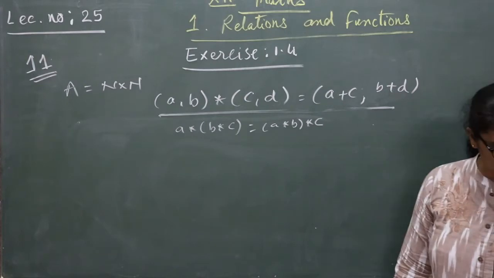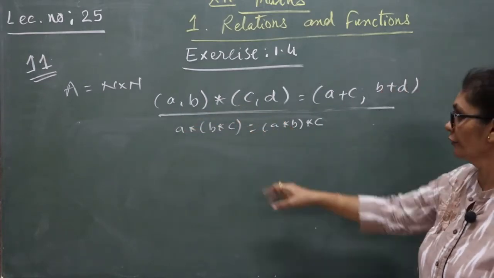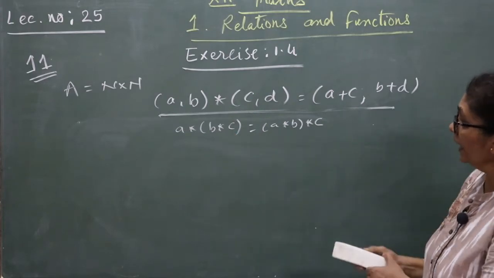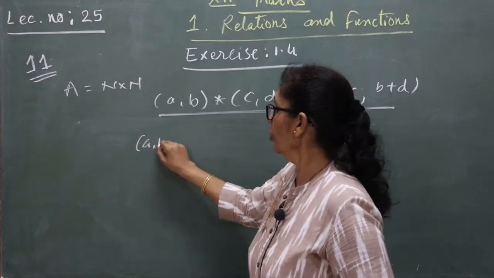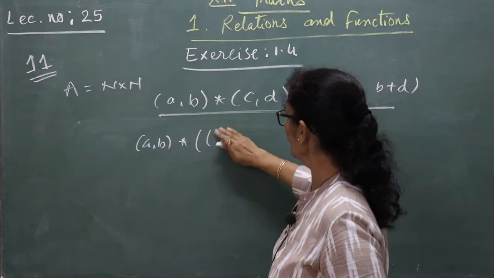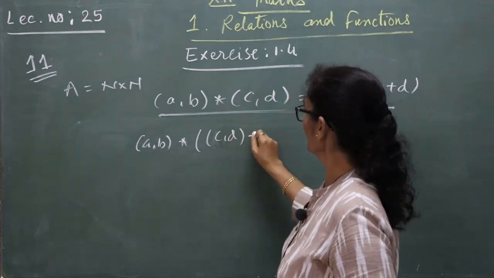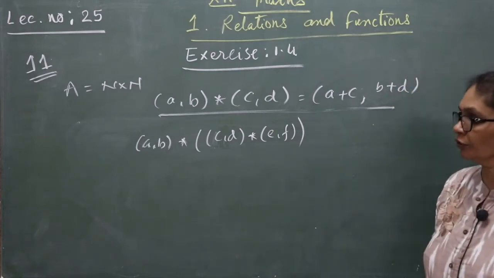So the same thing we have to follow with (A, B), (C, D), and one more that we introduce, (E, F). So let's start with (A, B) related to ((C, D) related to (E, F)).